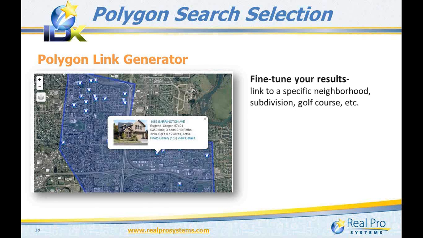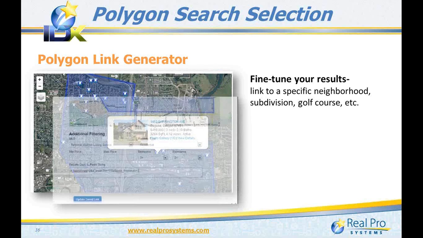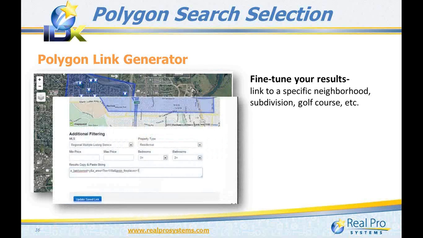So for example, you can create a page for maybe a specific neighborhood or subdivision, or maybe an area of a tax district or other criteria that's valuable to the user but may just not be available in the MLS. This definitely helps to overcome some of the MLS search field limitations that either don't exist or are left blank.